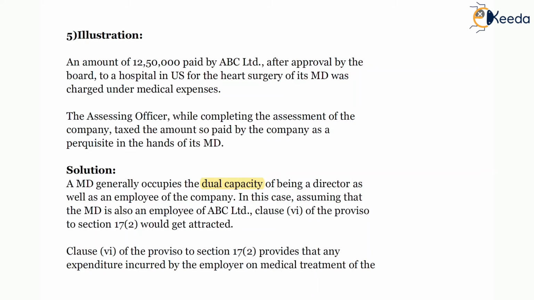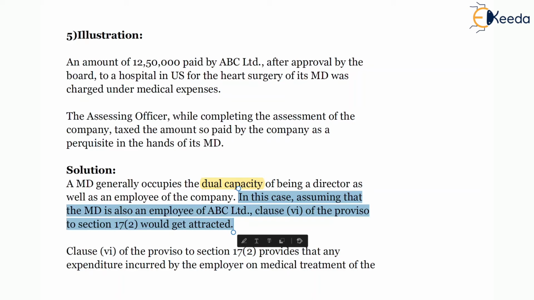It's a director as well as an employee. In this case, there is no mention whether the MD is also an employee of the company or not, and it has been assumed that he is an employee, and clause 6 of the proviso to section 17(2) is getting attracted because of the employer and employee relationship.